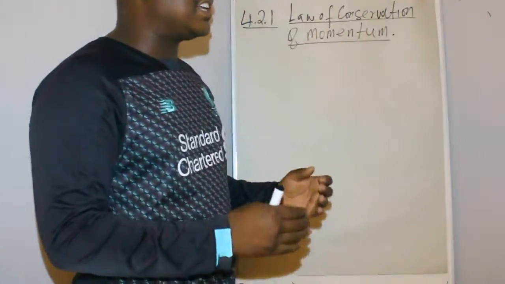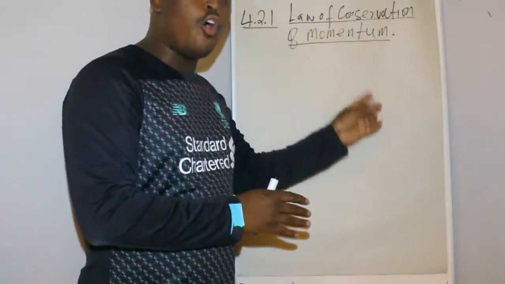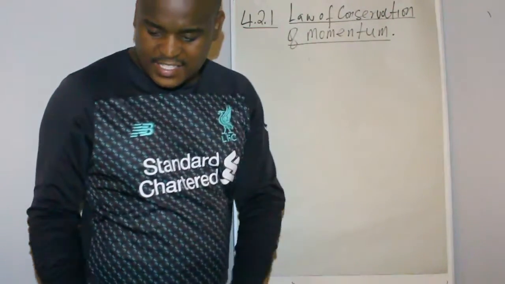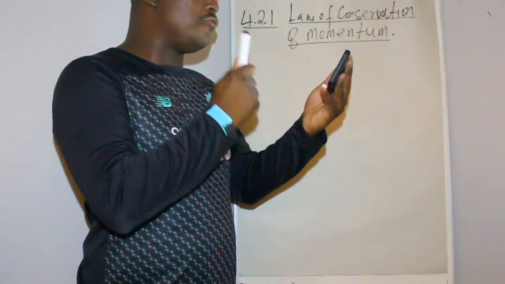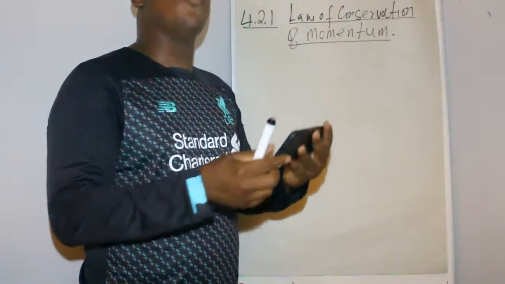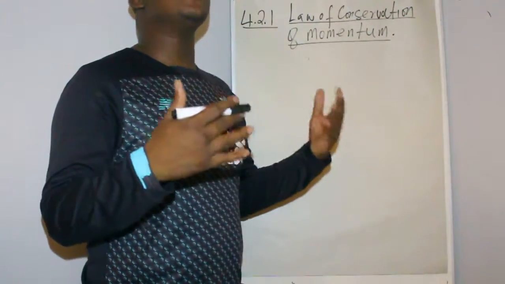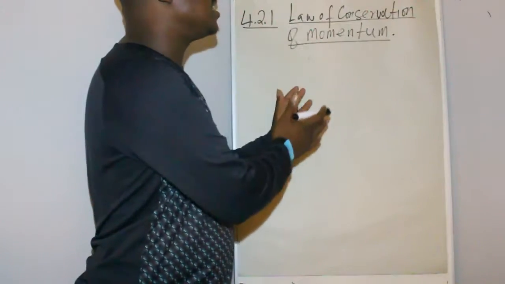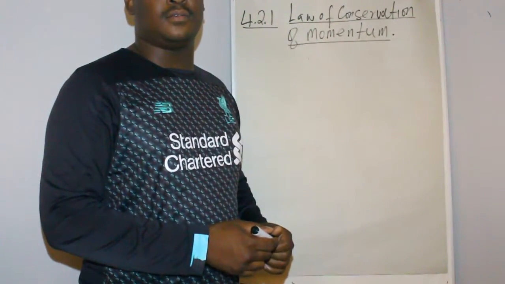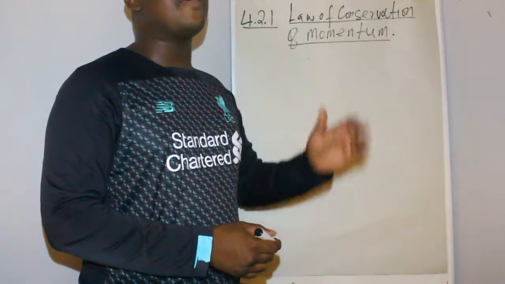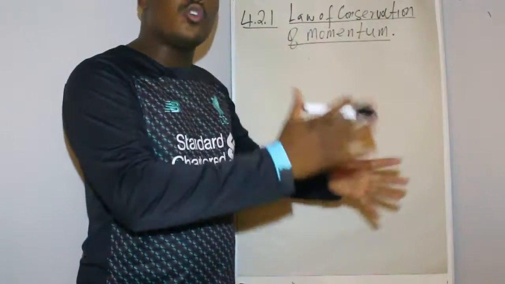By isolated, it means that there are no external forces acting on the balls. In this case, they did guarantee us and say, ignore the effects of friction and rotational effects of the ball. Which means we don't have external forces acting on these balls. So the system that we have is isolated.